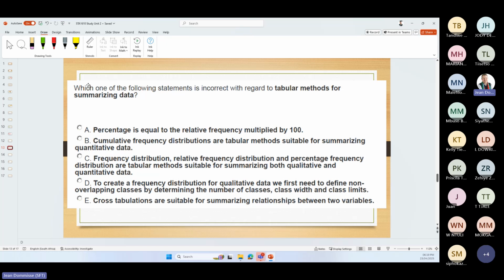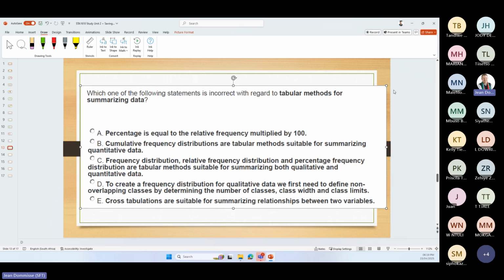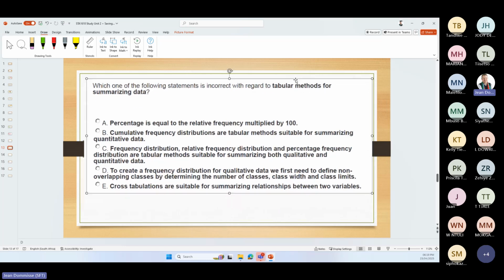Okay, then this is another one that they, and I should have just added it to the definition questions nearly. So when you look at the study unit, which one of the following statements again is incorrect with regard to tabular methods for summarizing data?